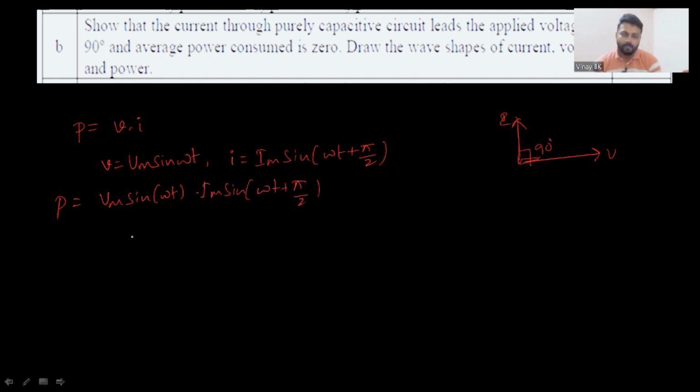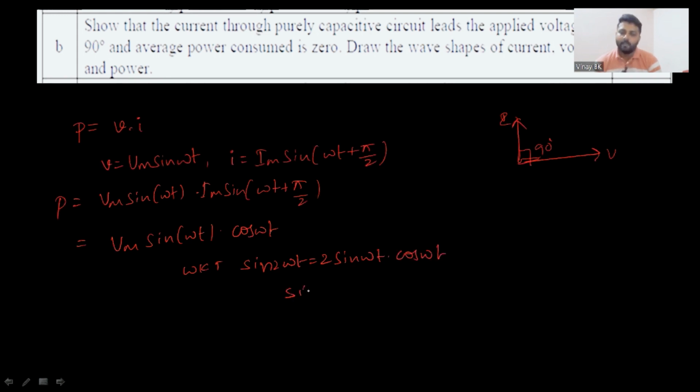But according to trigonometry, sine omega t plus pi by 2 is nothing but cos omega t. So you can rewrite Vm sine omega t into cos omega t. And we know that sine 2 omega t is given by 2 into sine omega t into cos omega t.